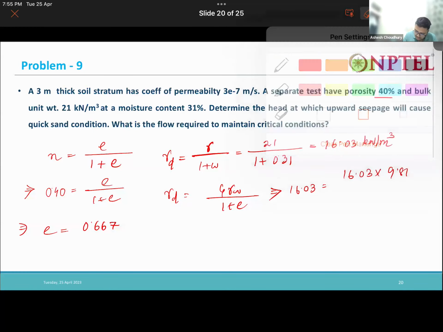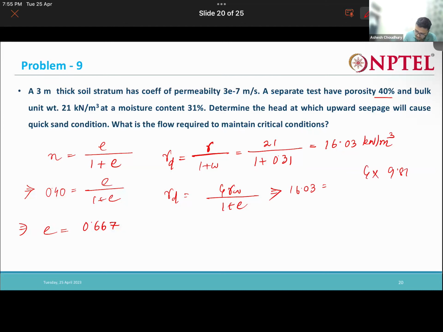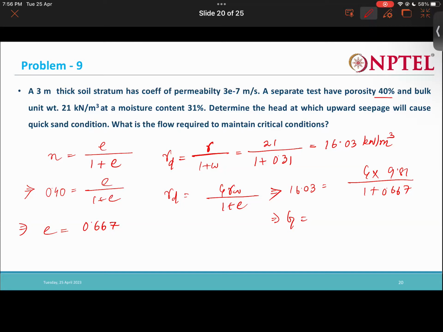Can we find out G from here? 2.72. Yeah, 2.72. Okay.